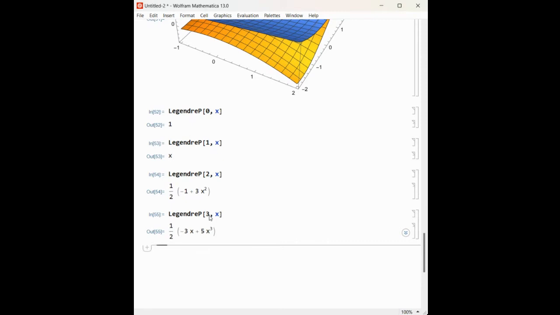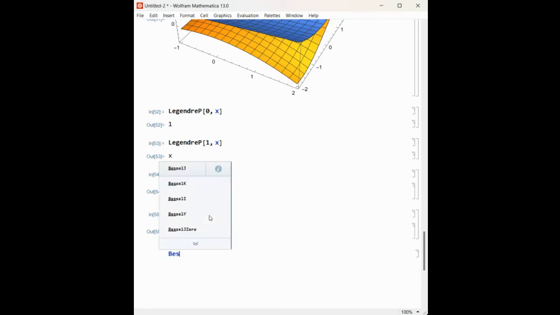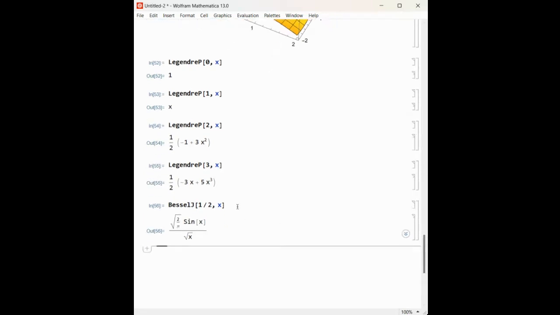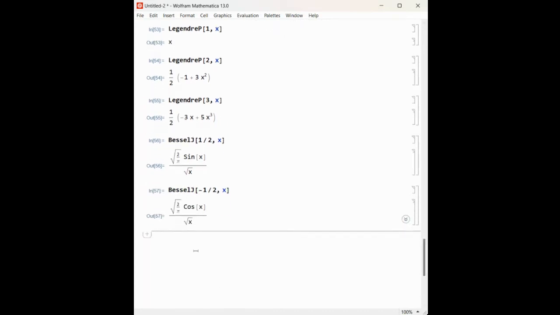Then the next is the Bessel function. For example, Bessel function of half of x gives us this, and then Bessel function of minus half. Then what of Bessel function of 3/2?